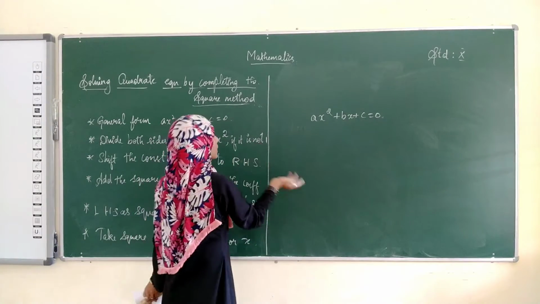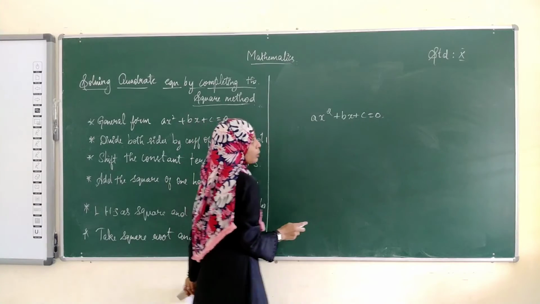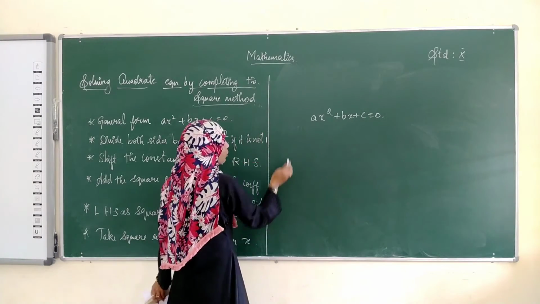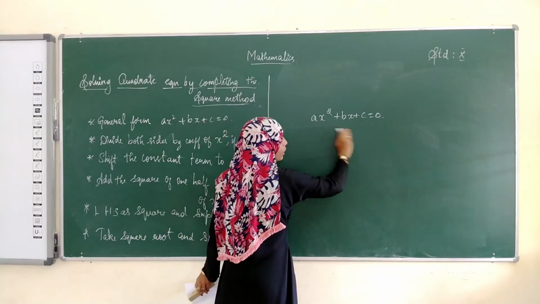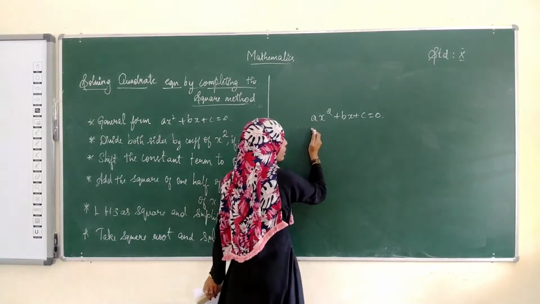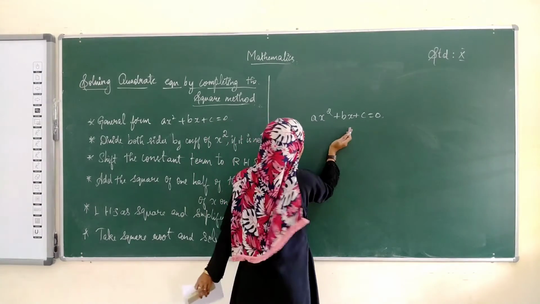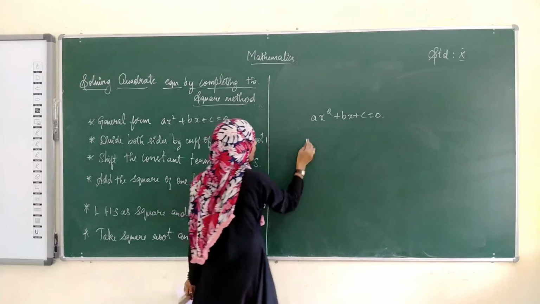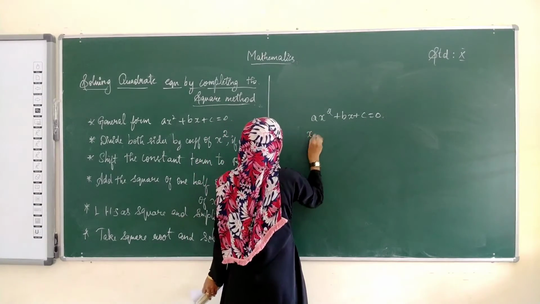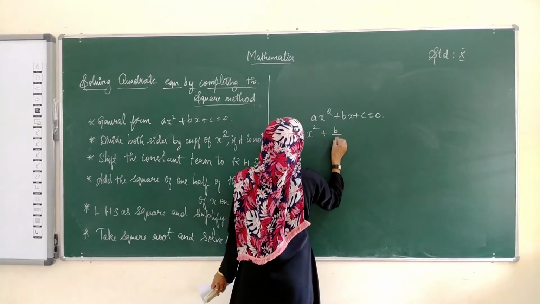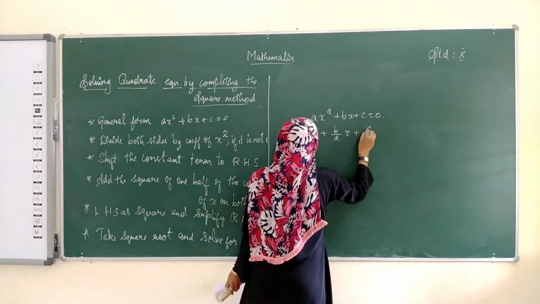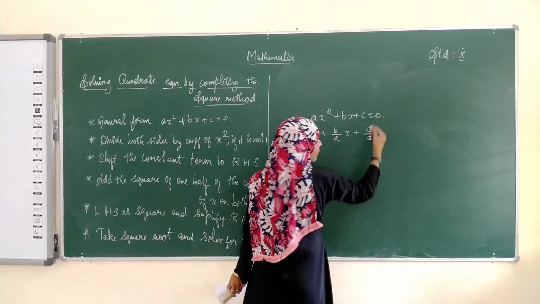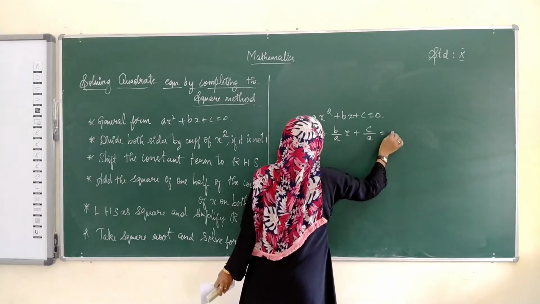If it is some other value except 1, what we have to do is divide the whole equation, on both left hand side and right hand side, by the coefficient of x square. Here the coefficient of x square is a. Divide through the whole terms: x square plus b divided by a into x plus c divided by a, and 0 divided by a is 0.